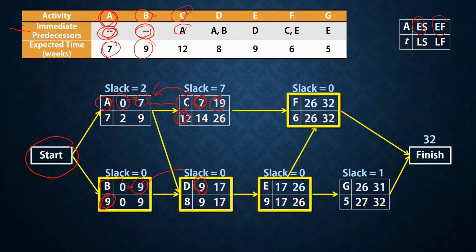So it will start after 9 weeks, because B finishes after 9 weeks. And we require 8 weeks for D. So 8 plus 9 equals 17.